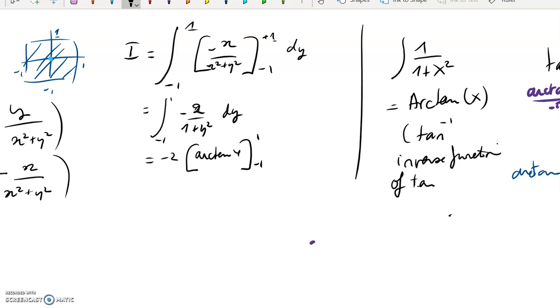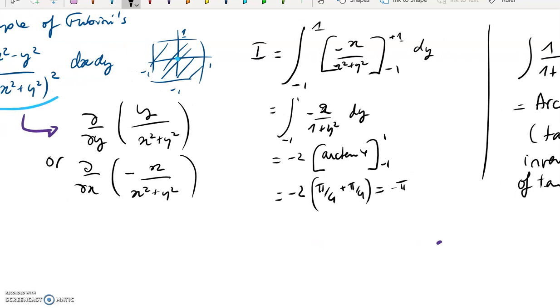Arctangent of 1 is just pi over 4, minus the arctangent of negative 1, which is minus pi over 4, so plus pi over 4. So I've got 2 pi over 4 times negative 2, that's negative pi.